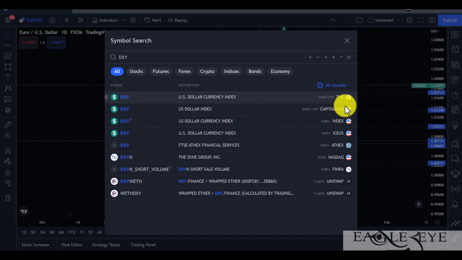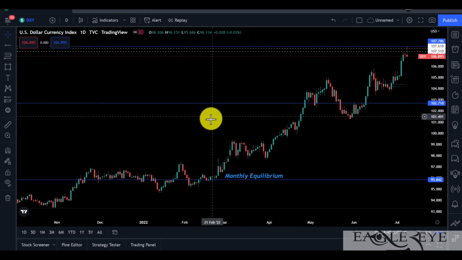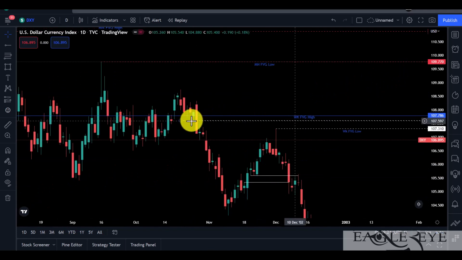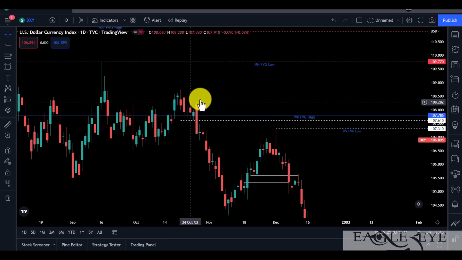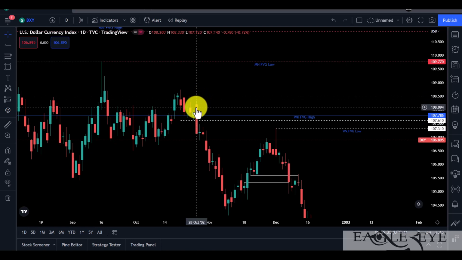Now let's take our feed from TVC. Price reached into this area right here, above this particular high. The next high we want to look at is probably this area. Before that, this high comes in at 108.33.